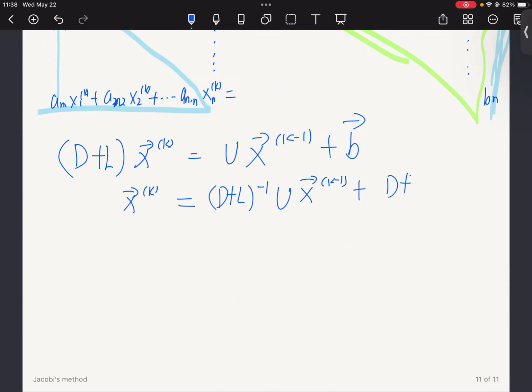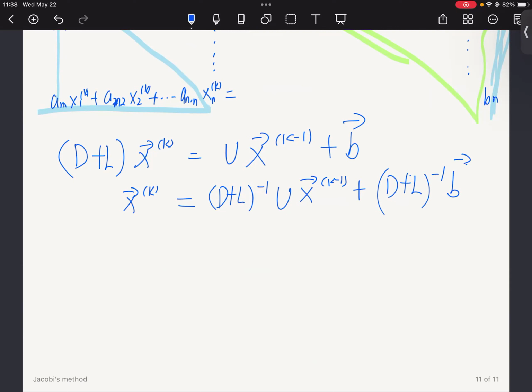And actually it includes all the things we have: D plus L inverse, times the b vector. And this is the matrix format for the Gauss-Seidel method.